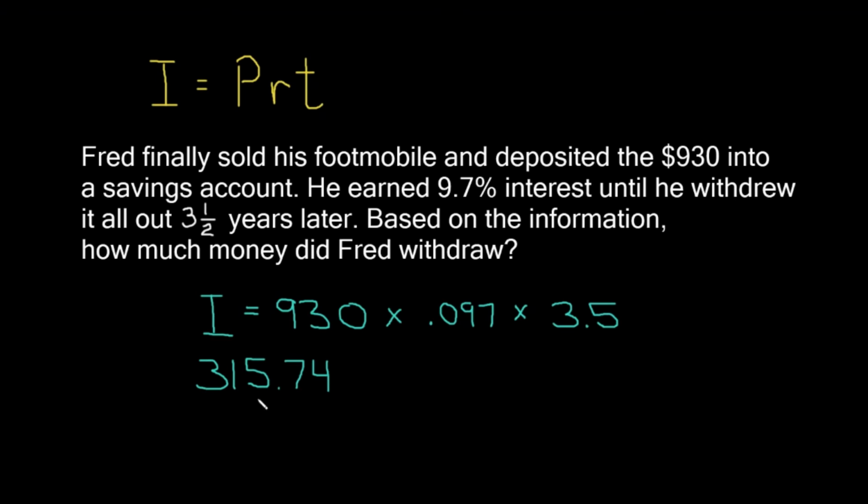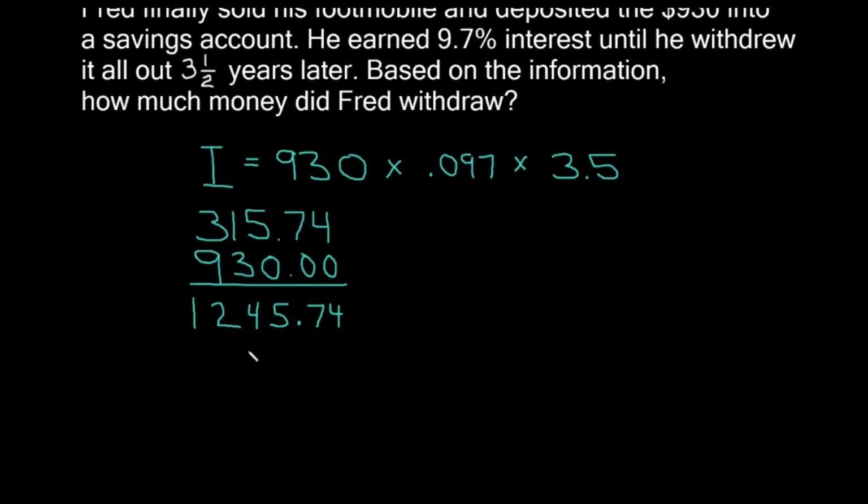Now, once we get the interest here, we're going to need to add it back to the principal of $930 to find out exactly how much money Fred was able to withdraw from his investment. So we're going to add the 930 to it. So Fred deposited $930 for 3.5 years at 9.7% interest, and at the end of those 3.5 years, he withdrew $1,245.74. Not too shabby.